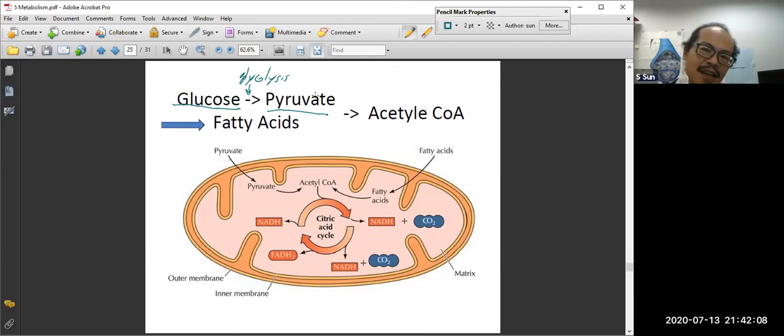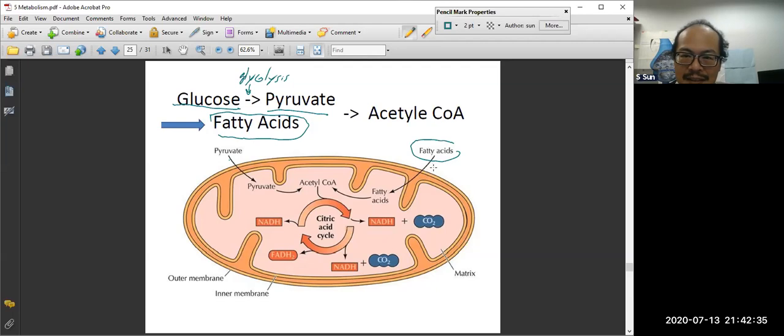And then next up is lipid. How do we burn lipid? Very easy. If you know glucose, lipid is just like a piece of cake. So what we have is this fatty acid right here. It goes through very much the same process as glucose, with only one shortcut.